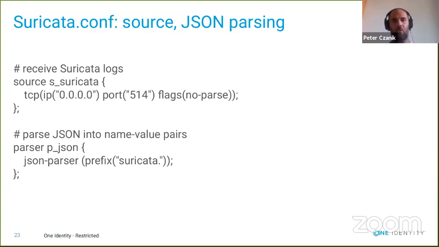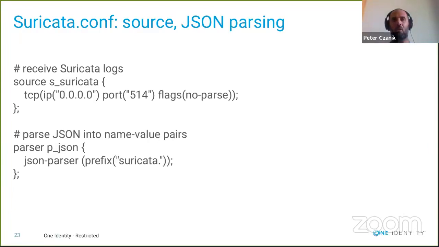Suricata logs in JSON format, and here I have a TCP source listening, and it has a flag called no-parse, meaning that the incoming log messages are not parsed automatically by syslog-ng, as it expects syslog messages, not JSON.